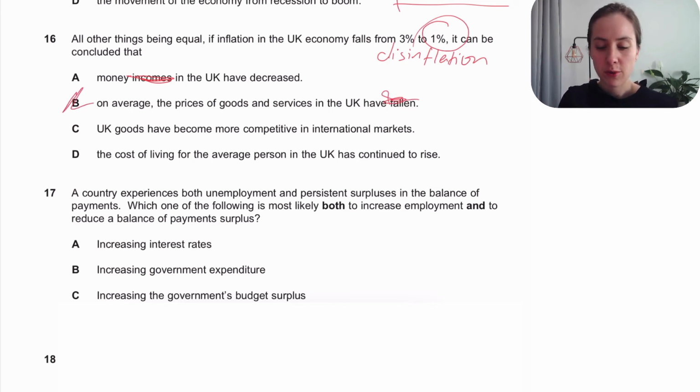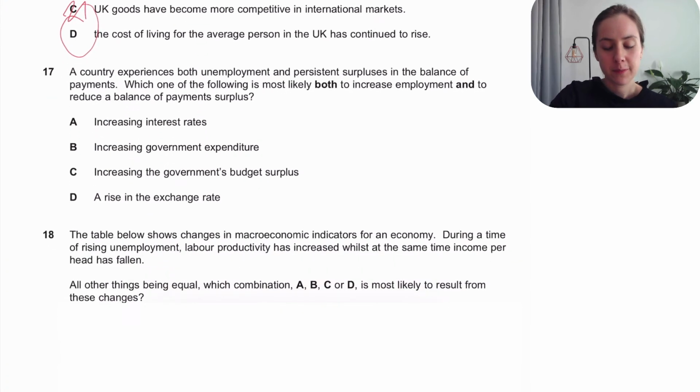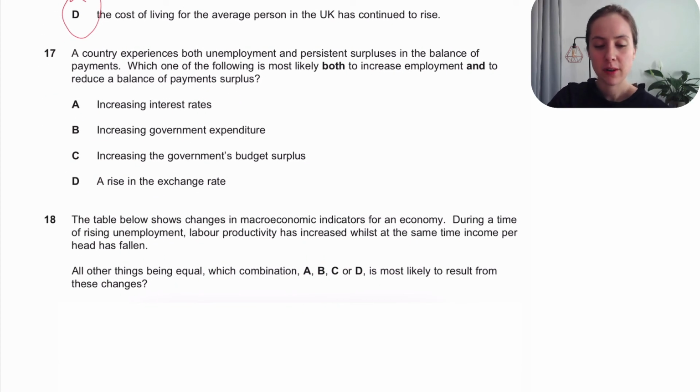UK goods have become more competitive in international markets. They're 1% more expensive. I think that's unlikely. I don't know. I don't have the info from this. The cost of living for the average person in the UK is continuing to rise. Yeah, goods are more expensive. 1% more expensive. Country experiences both unemployment and persistent surpluses in the balance of payments.